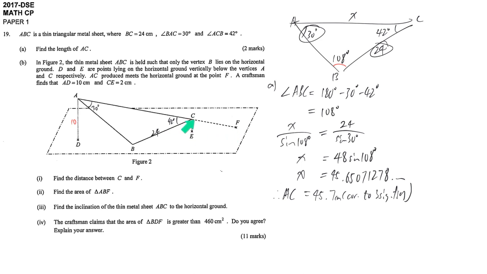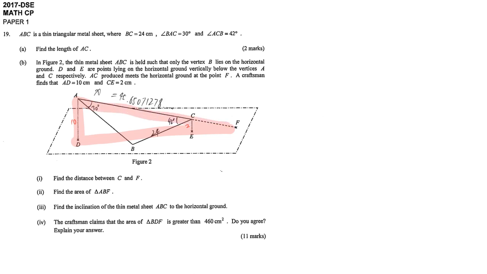Whenever we want to find CF, we should consider whether there is any triangle involving CF. So we are concerned with this 2D triangle. Triangle ADF is a right angle triangle because they say D is vertically below, and AD is 10.